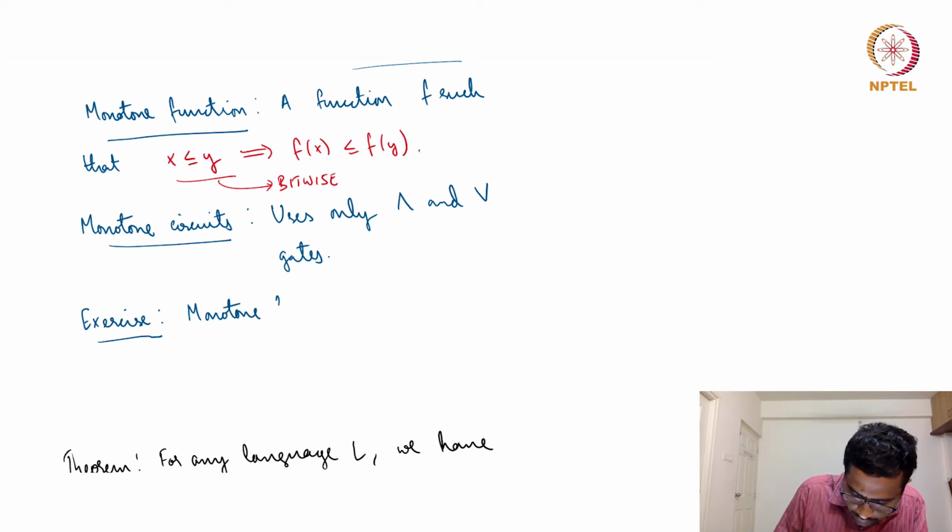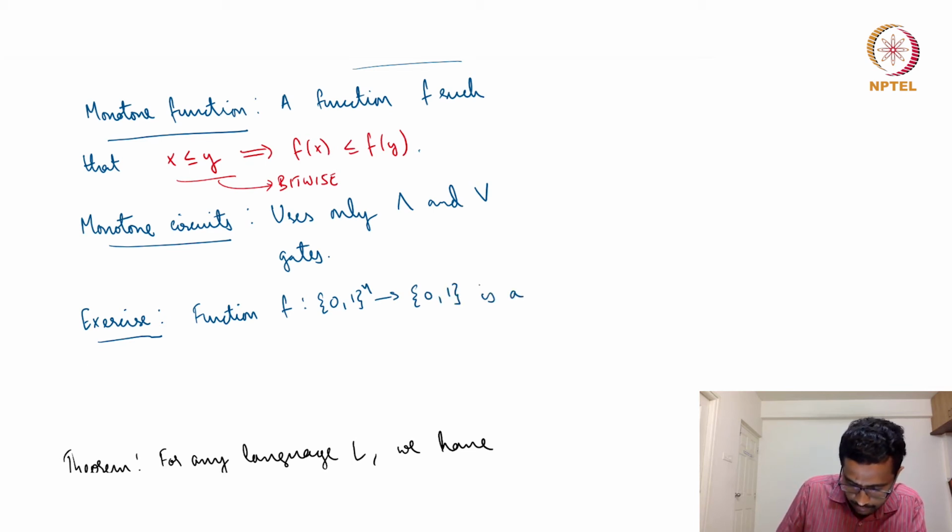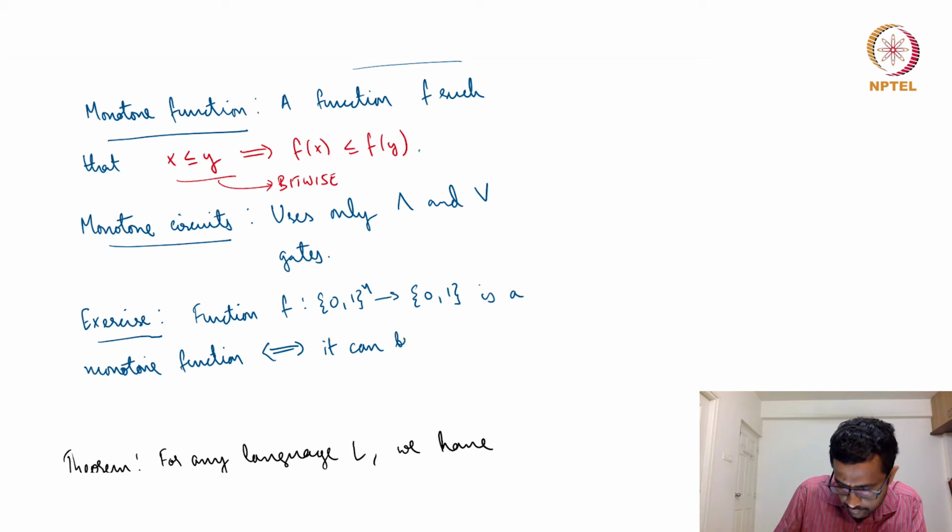a function f is a monotone function if and only if it has a monotone circuit representation.